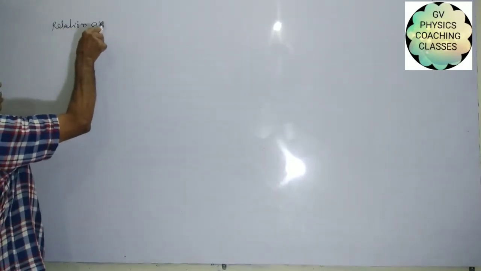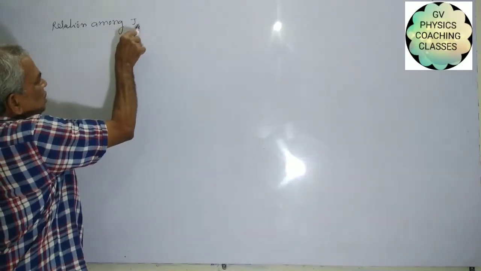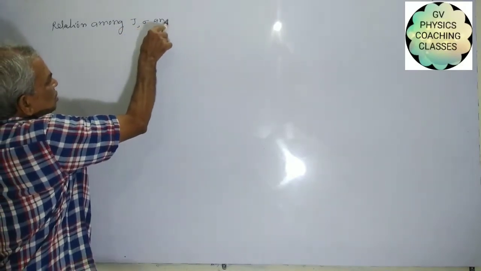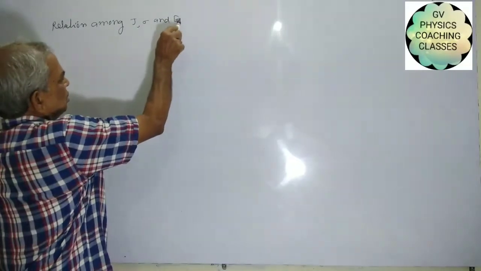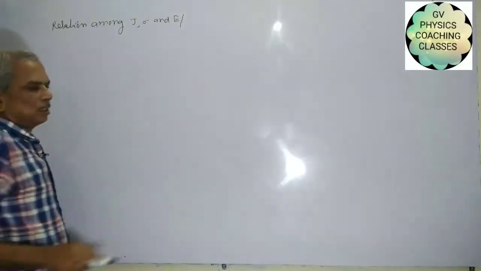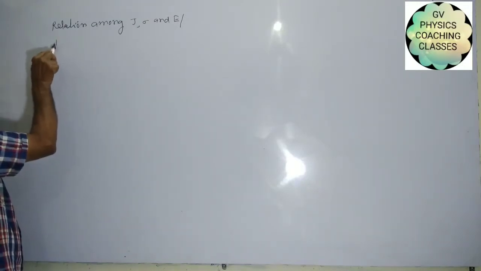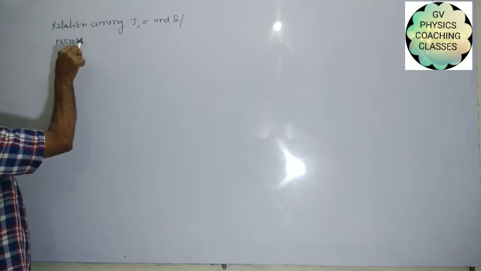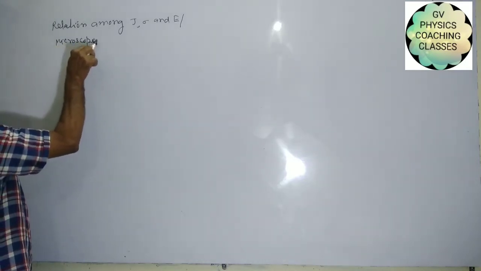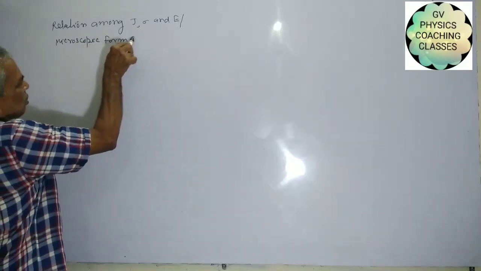Relation among J, sigma and E. It is also known as the microscopic form of Ohm's law.